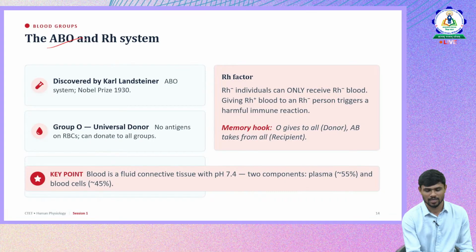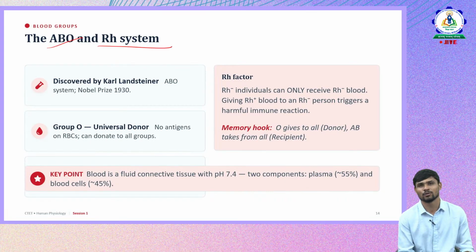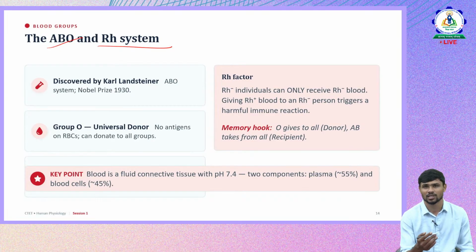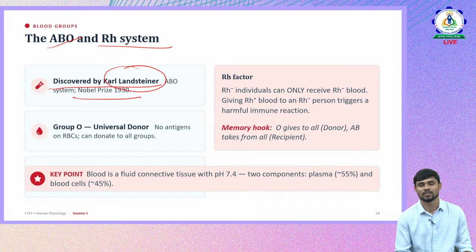The ABO blood group and rhesus system, the blood grouping, how many blood groups there are, and which antibodies and antigens are in which blood type, all this was discovered by Carl Landsteiner. He got the Nobel Prize in 1930 for coming up with the different blood groups.